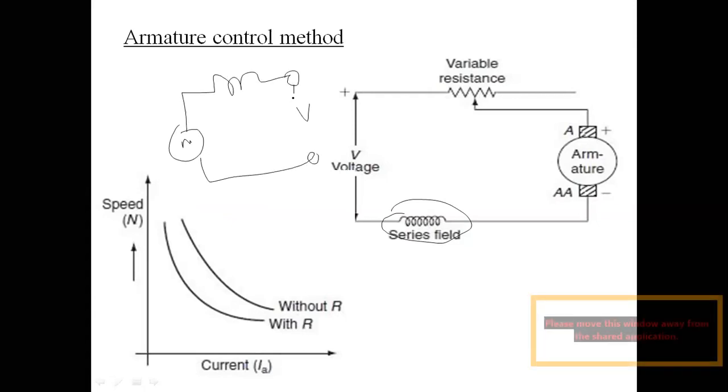This is your supply voltage applied between these two terminals. Please note this difference. The series field has been connected here, and this variable resistor has been connected in series to the armature terminals.